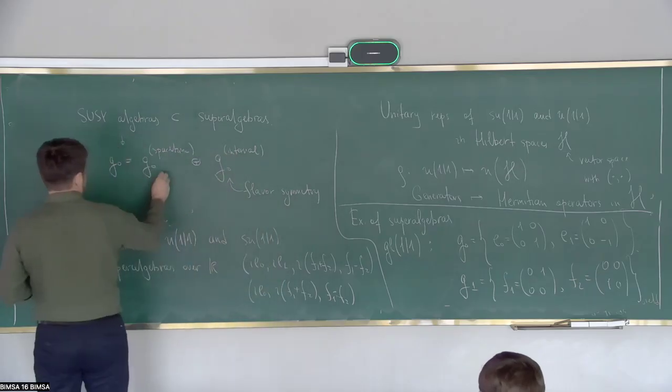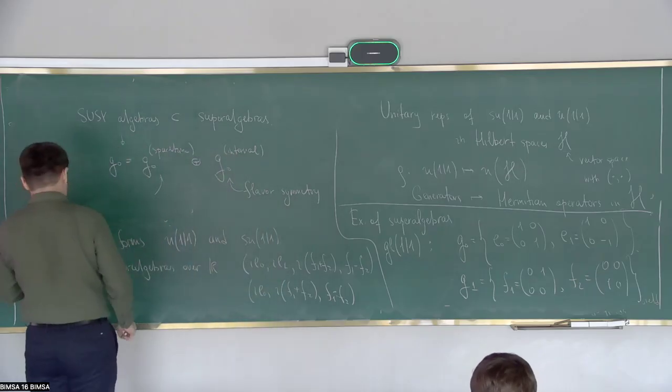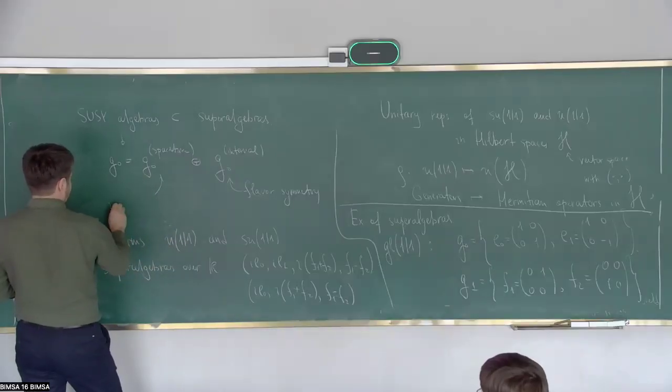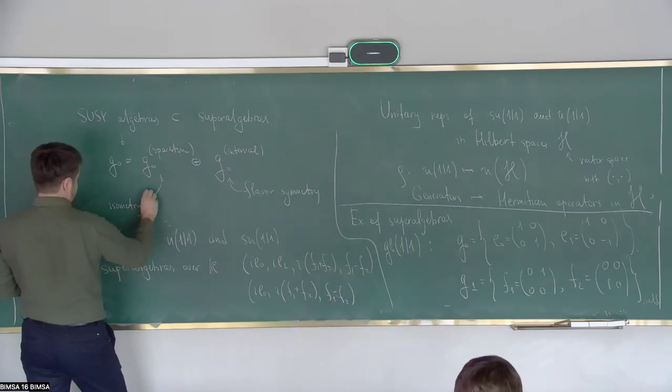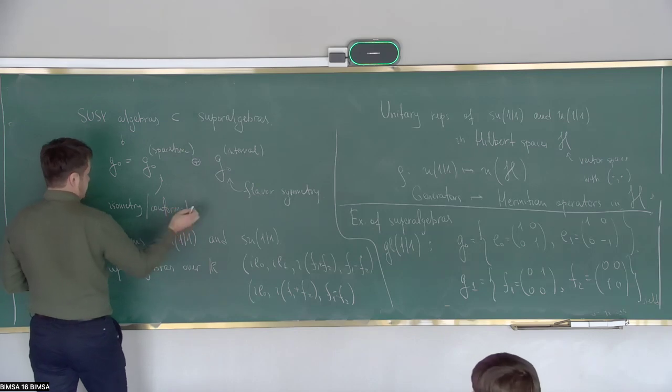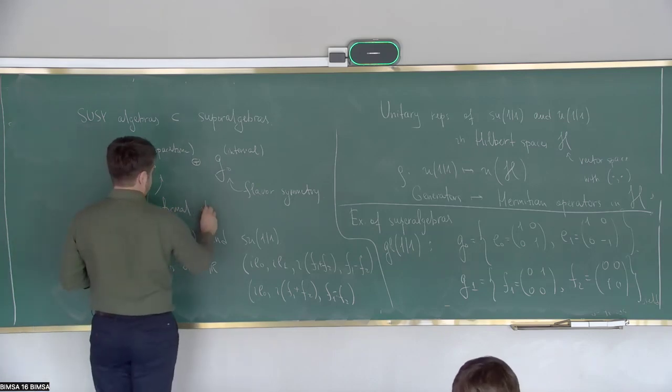Space-time symmetry is some isometry, the algebra of the isometry group of your space, or possibly the conformal algebra of your space-time where your theory is defined.